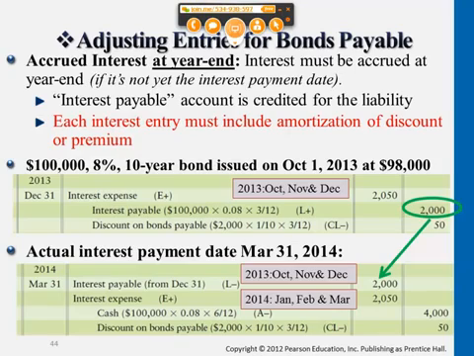It will still be face value $100,000, still interest rate 8%, but only for 2 months because we only have whole November and December. Okay, so we're doing 2 months of interest accumulation. We still have interest payable, interest expense, discount on bonds payable, but interest payable will be $100,000 times 8% interest rate times 2 over 12.